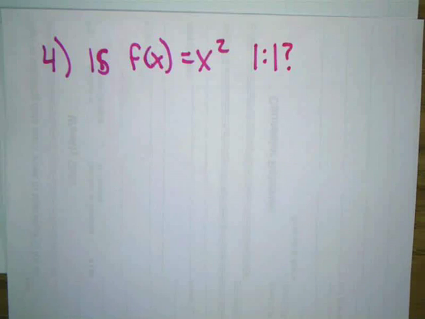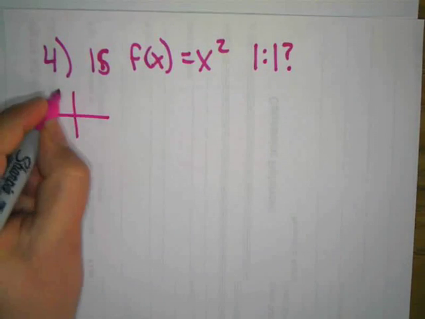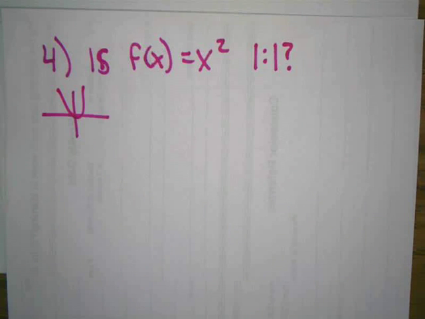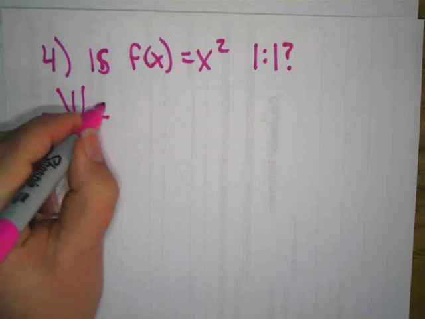So, let's look at one of those. Here's the kind of questions you'll get. Is f of x equals x squared 1 to 1? Okay, well, x squared, we talked about that. That's a parabola. If it's 1 to 1, it passes a horizontal line test, does it?